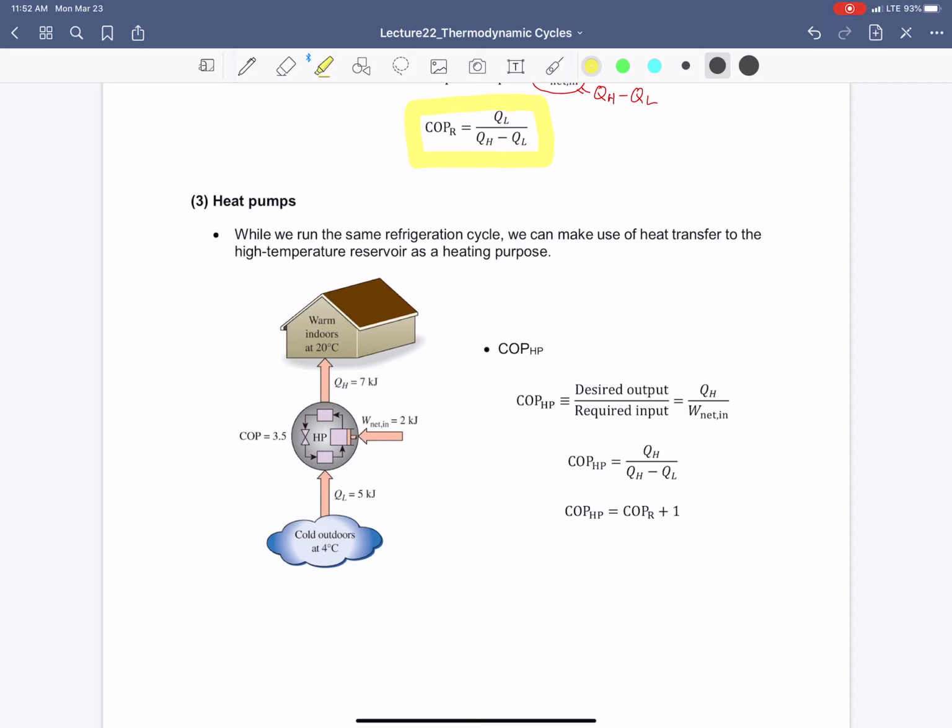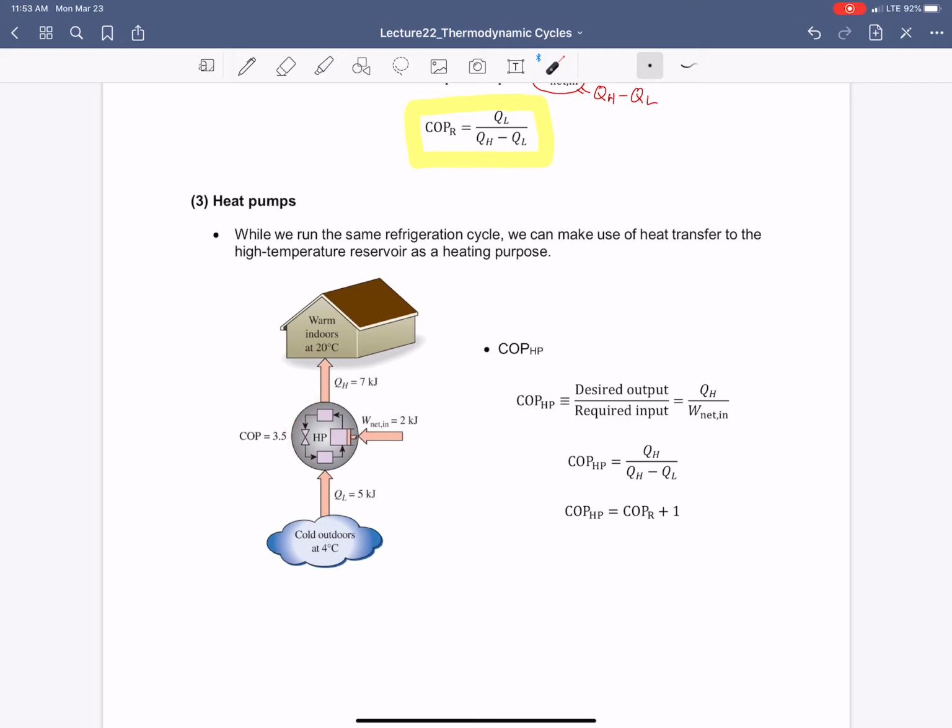Again, the cycle is exactly the same as a refrigeration cycle, but instead of focusing on how we use QL, now we focus on how we use QH. So now your purpose is how we can make a space warm. That is a nice example, the representation.